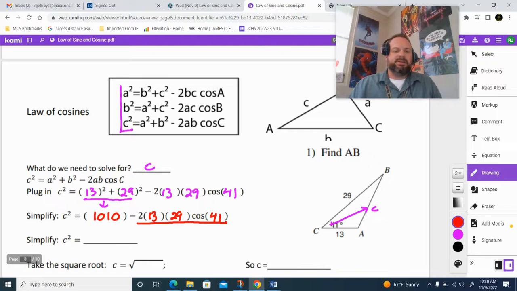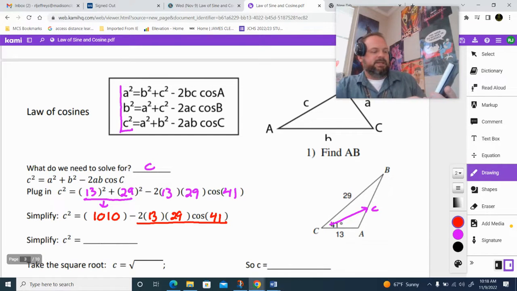Some people do. It's six of one, half dozen of another. So some people will say, 2 times 13 times 29, and the cosine of 41.